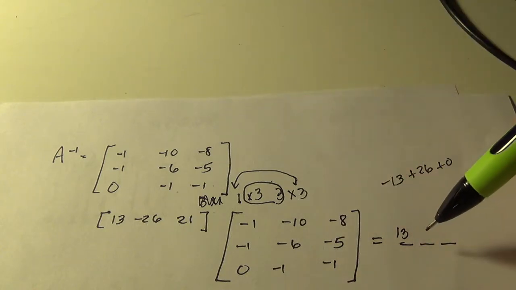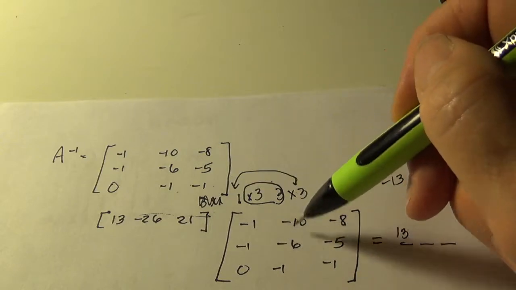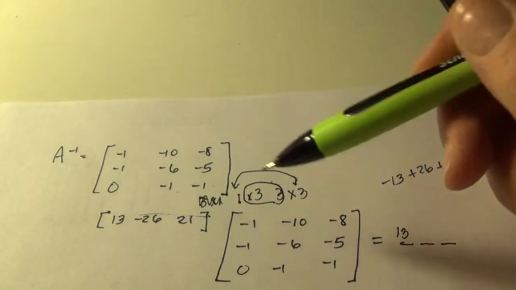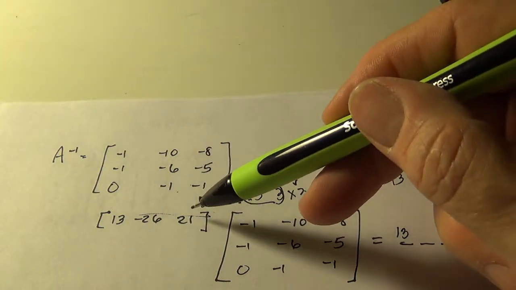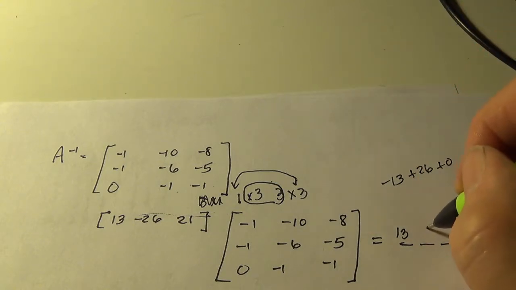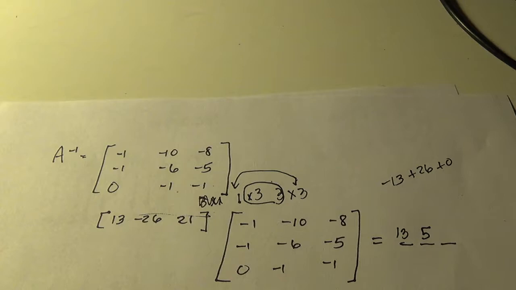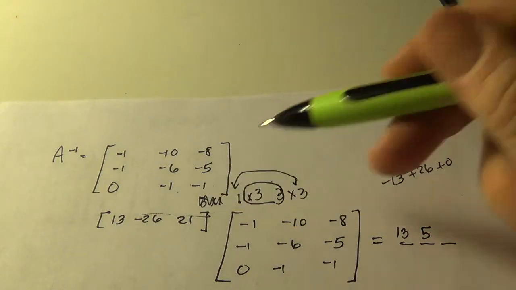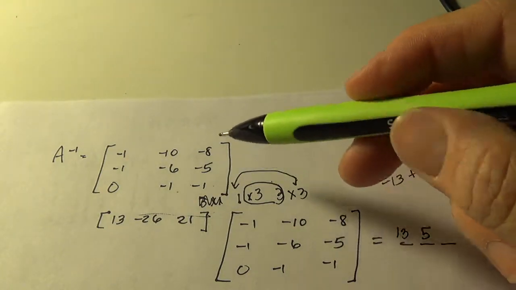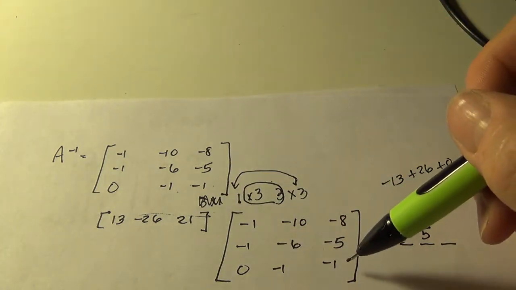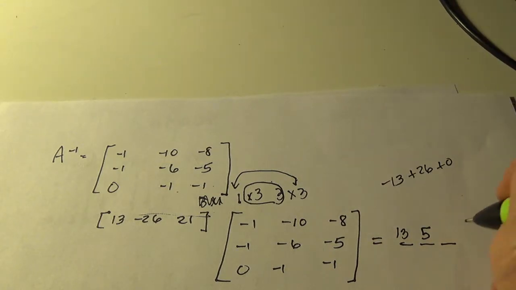In like manner, first row, second column: 13 times -10 plus -26 times -6 plus 21 times -1. I did all that earlier and I got a 5. You can check that. And last, this row and this column: 13 times -8 plus -26 times -5 plus 21 times -1. I did all that and I got another 5.